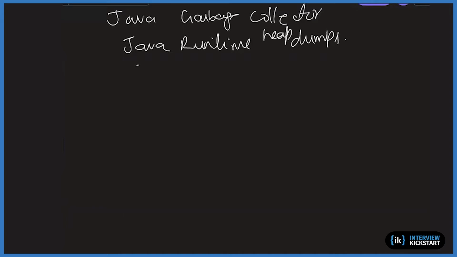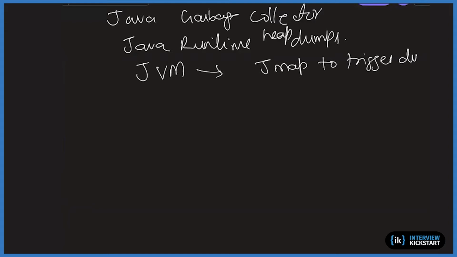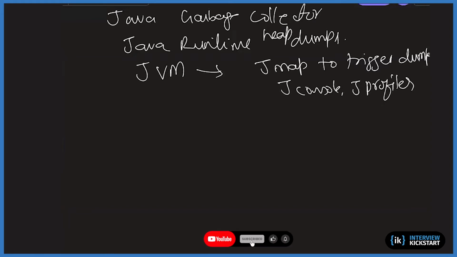The JVM, the Java virtual machine, has commands to trigger them, with tools like jmap to trigger dumps, and then you have JConsole, or I'm not sure, a profiler. These are some of the things provided by the Java virtual machine to deal with the dumps that can be generated from the Java runtime garbage collector.